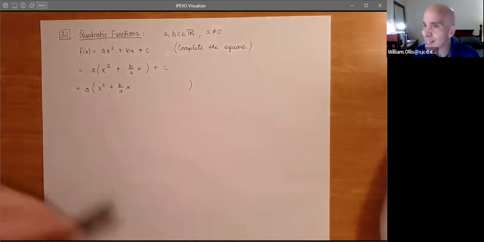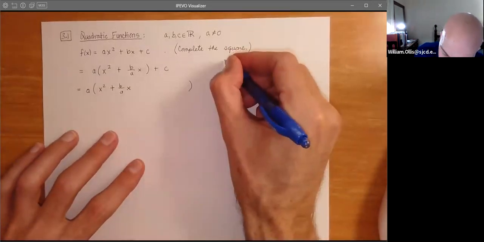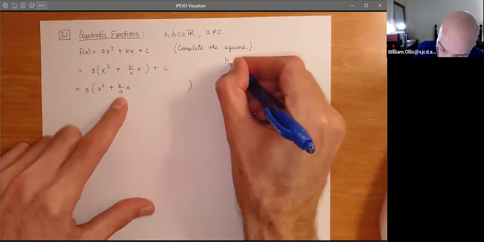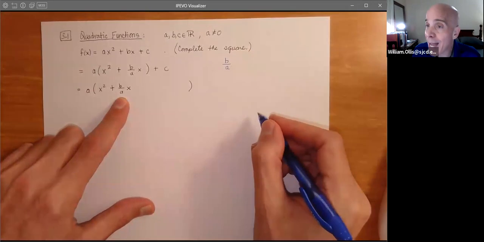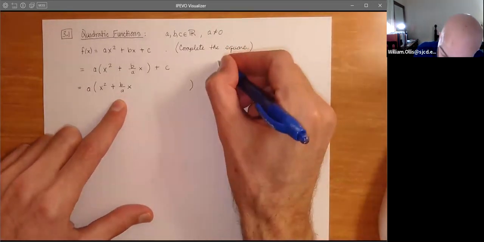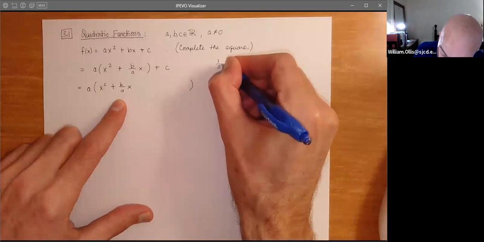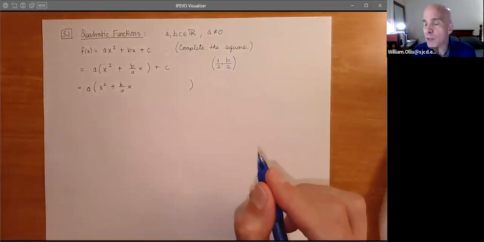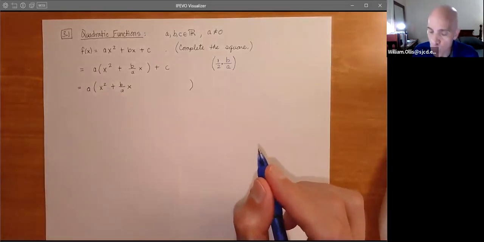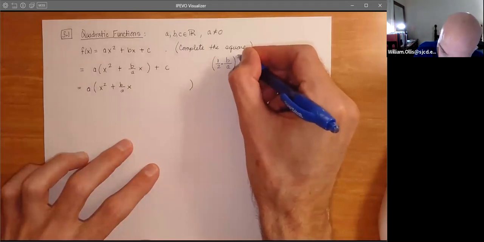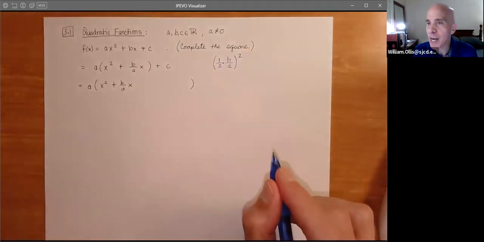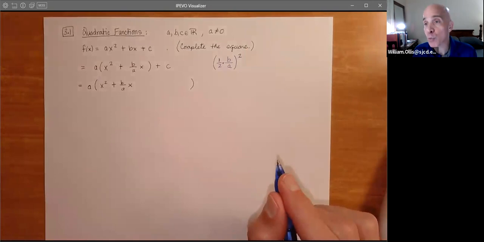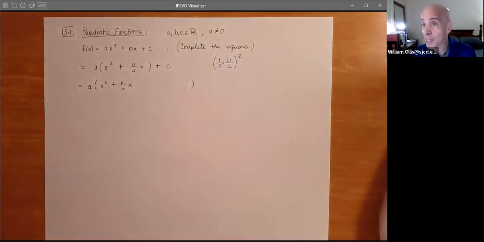And with quadratics, it's easy to do. So what we're going to do is take the coefficient of the x, which is b over a, and divide by 2. A lot of times that just means multiply by 1/2. And then in order to make the perfect square formula work, we need to square this. The divide by 2 is going to take care of that 2ab that we have in the expansion formula. And remember, the second term has to be a square.